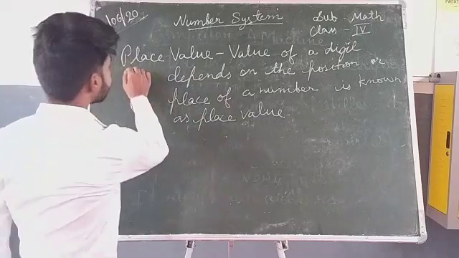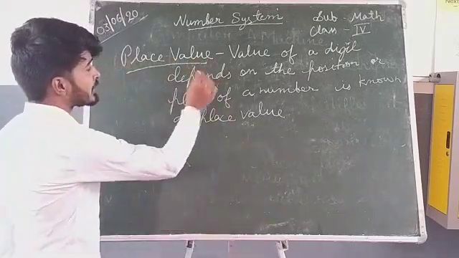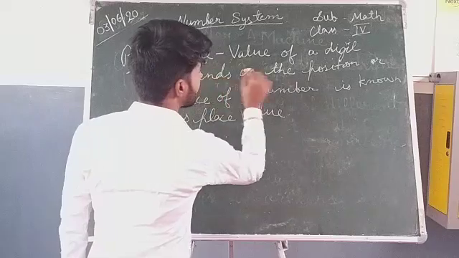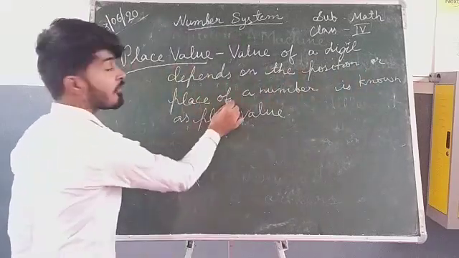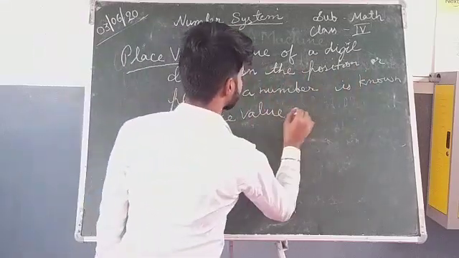Today we will learn about place value. So what is place value? Value of a digit depends on the position or place of a number is known as place value.